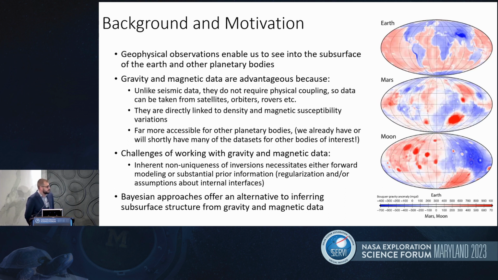But there's a problem with working with this gravity and magnetic data, at least within this framework, and that is the inherent non-uniqueness of the inversion, and that usually necessitates some sort of forward modeling or substantial prior information, model regularization, or assumptions about internal interfaces in order to work around this. So our Bayesian approach offers an alternative to inferring subsurface structure from gravity and magnetic data.